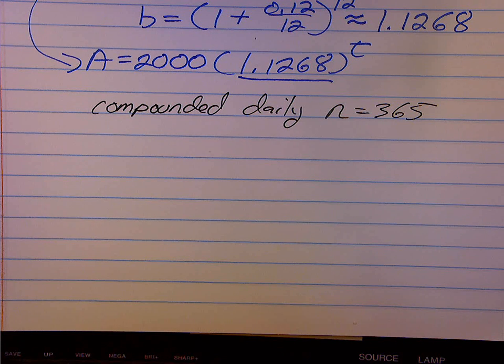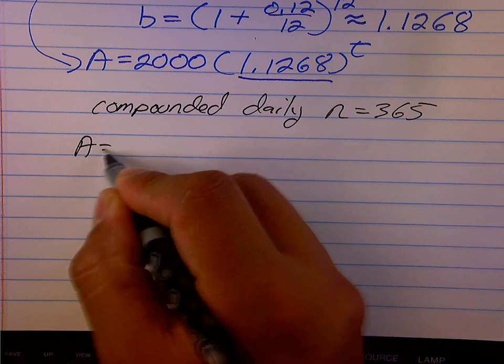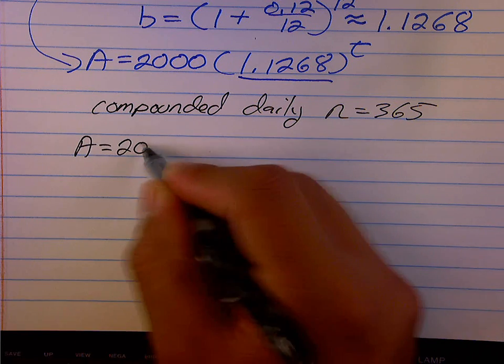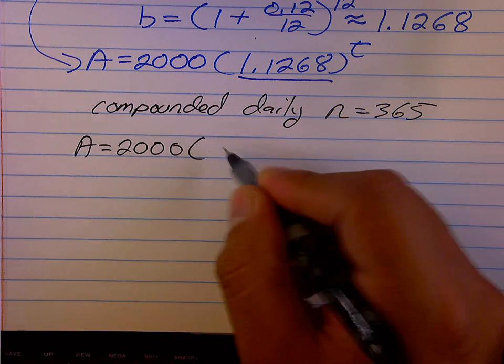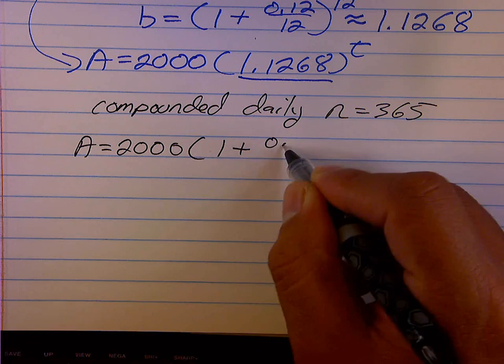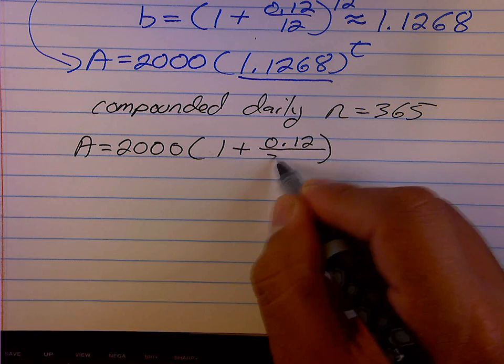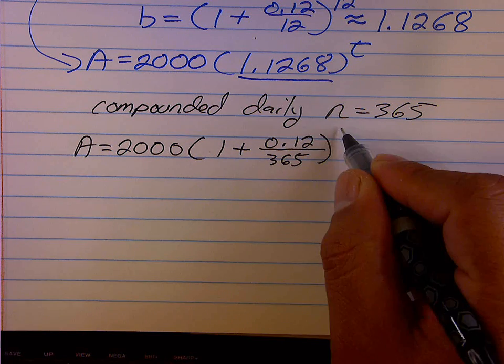And the answer to that is no, you're not paying the same 12% because compounded monthly is very different than compounded daily. Let's take a look at that. Same loan, $2,000. Same little r, 12%, but n is 365.